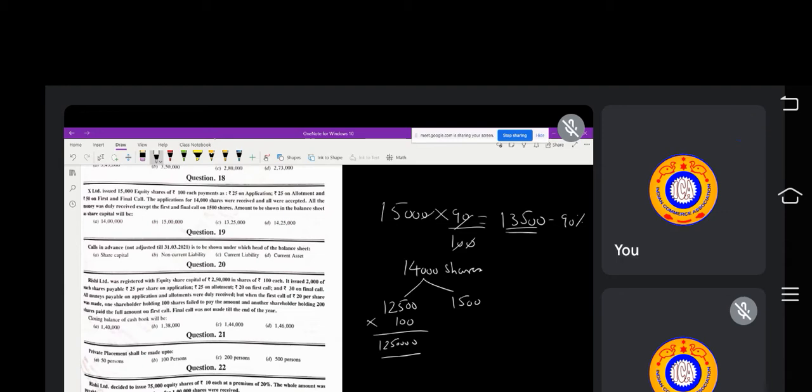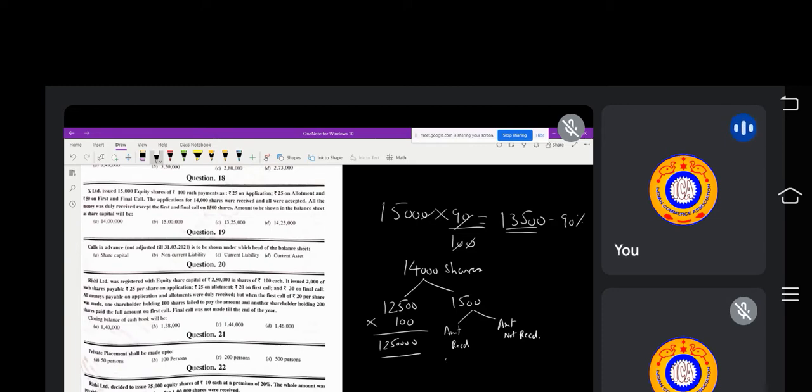But on these 1,500 shares, I am again going to divide it into two, which means amount received and amount not received. On these 1,500 shares, the final call amount is only rupees 50. That means 50 rupees you would have received on these 1,500 shares.